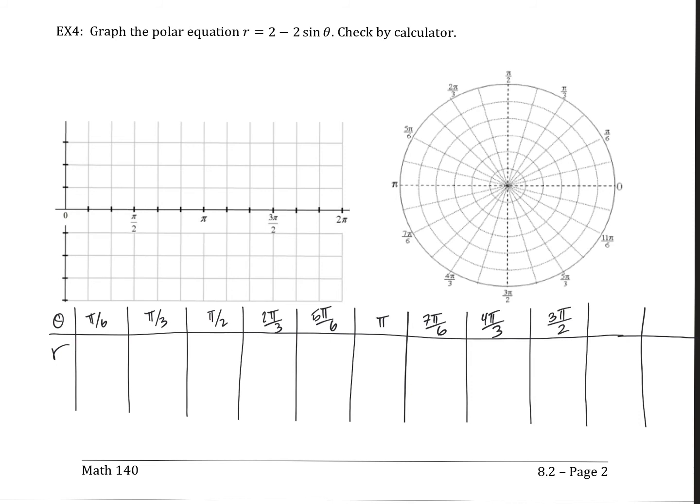When we calculate these out with our calculator, I'm going to start the first two, and then after that, just go ahead and realign your calculator, so that'll be 2 sine of pi over 6. And I'll go ahead and fill in the rest of them, and then put down the calculated answers. So that would equal 1. Okay, so I've inputted all the values. So now plugging these into our calculator, what would we get?